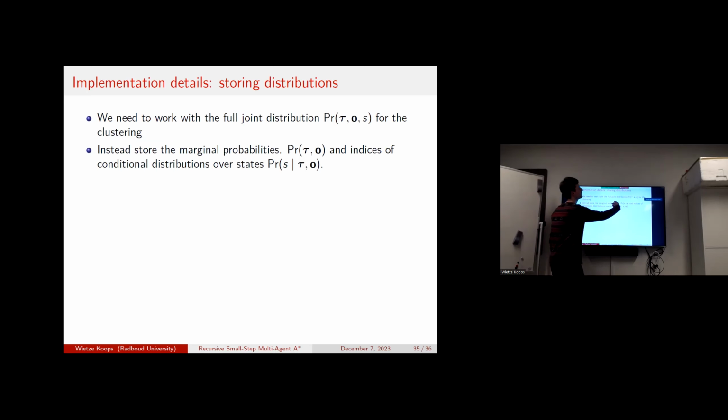Not as a full distribution, but it turns out that if we condition on the joint observations, then typically quite a lot of things become equivalent, just because the agents don't notice while the execution is happening. The good thing is that if many of these are equal and we only store an index saying it's that conditional distribution, then the memory requirement becomes a lot lower, and we can also reuse particular values. For example, we can compute the expected reward if we take a certain action in this state, and store and reuse these values.